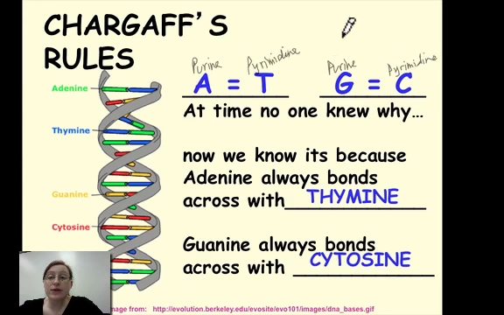If we add the ring structures up, 2 plus 1 equals 3 ring widths across, and here we have 2 plus 1 equaling 3 ring widths across. So it doesn't matter that we're not pairing purine to purine. By having one purine paired with one pyrimidine, the width of the DNA molecule is going to stay uniform all the way down.